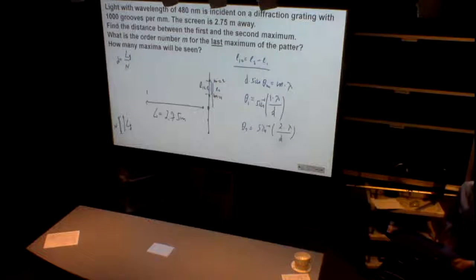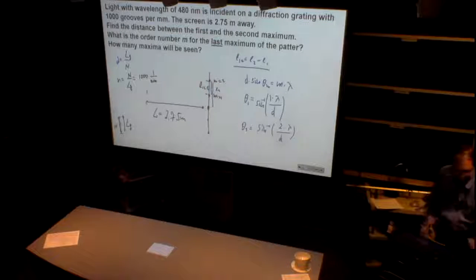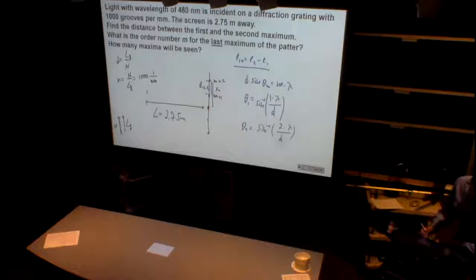But what we know is the opposite. We know that's called density. We know that it's N over L. It is 1,000 slits per millimeter. That's what we know. So this tells us how to calculate d. d will be 1 over density.